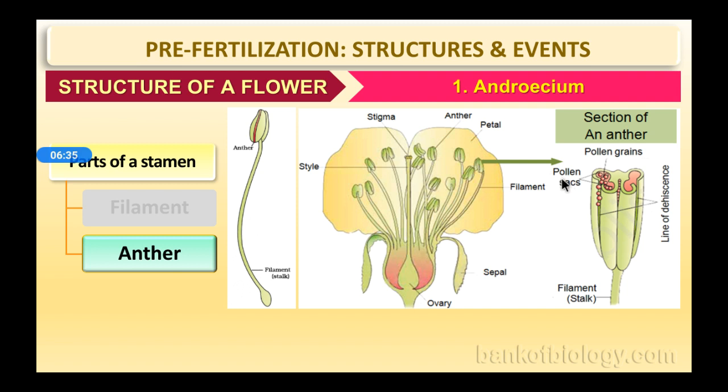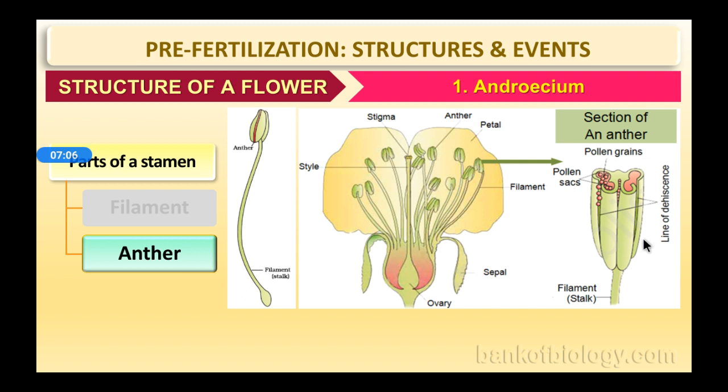And what will be there inside the pollen sacs? Pollen grains. Is that clear? So how many microsporangia will be there? 1, 2, 3, 4. So 4 microsporangia, or 4 pollen sacs, will be there in one anther. Pollen grains contain the male gametophytes.